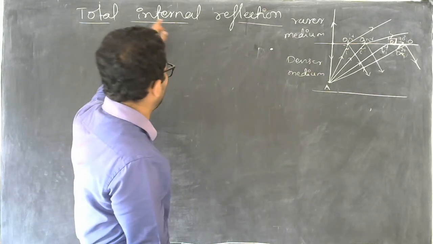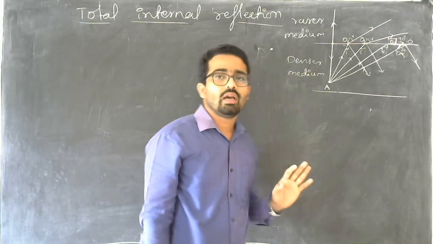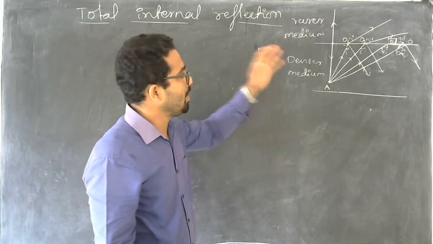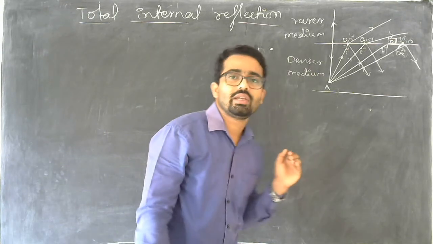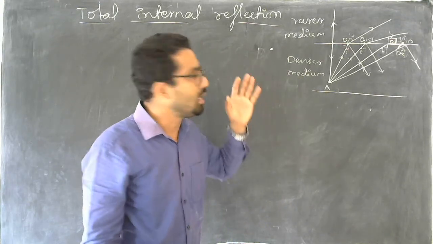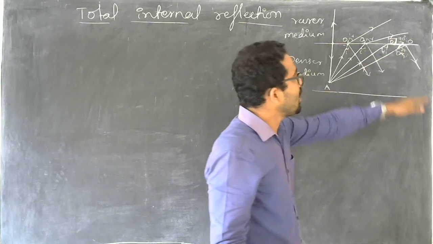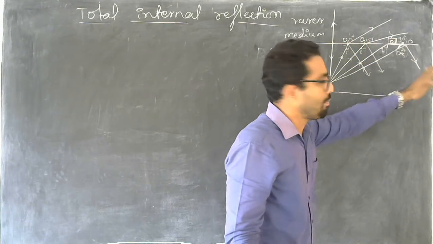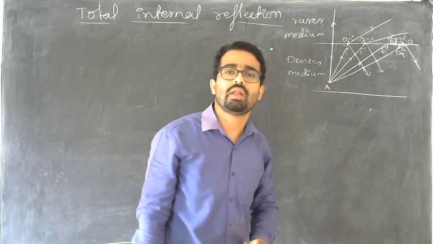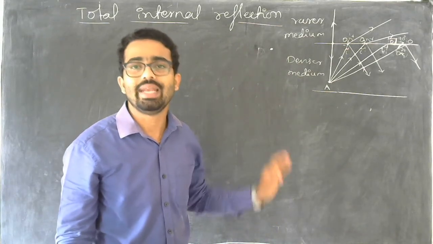So total internal reflection means when a ray of light traveling from denser to rarer medium is incident at an angle greater than the critical angle, then the ray will be completely reflected back into the denser medium, and this phenomenon is called total internal reflection.